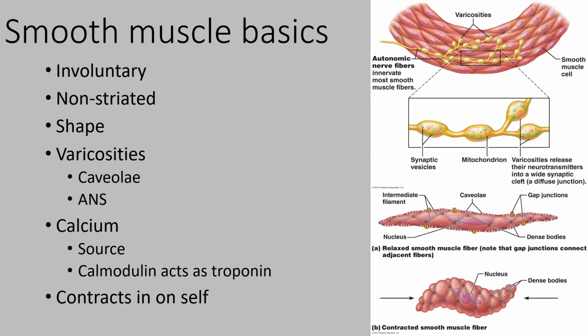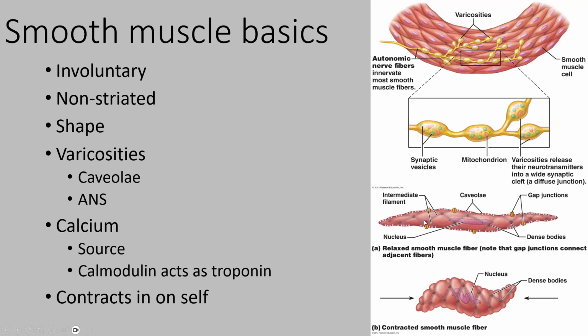Calcium is coming in, so as this autonomic neuron sends an action potential to these muscle cells, it causes the opening of calcium channels at the caveoli, and that allows calcium to come in. And then as calcium comes in, we have the action potential within the muscle cell.